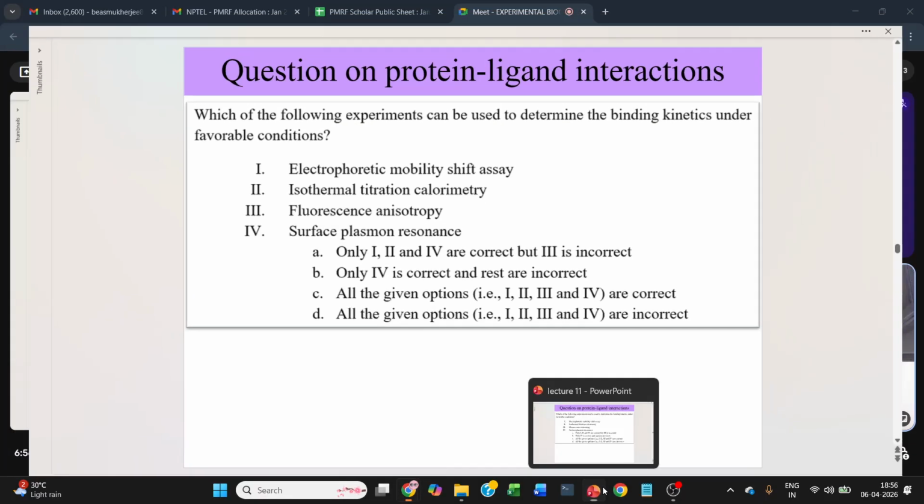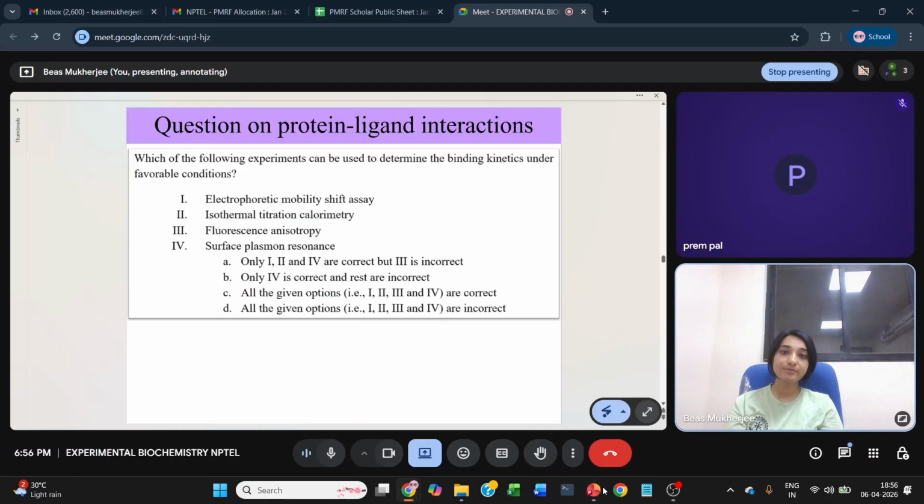Now we have another question. Which of the following experiments can be used to determine the binding kinetics under favorable conditions?